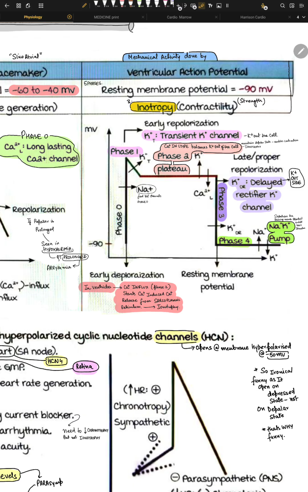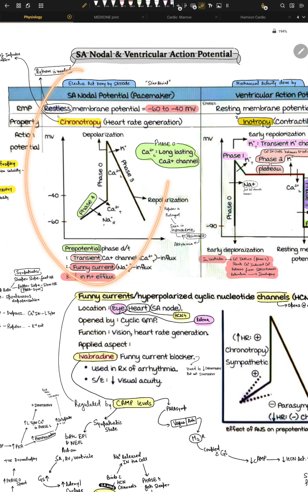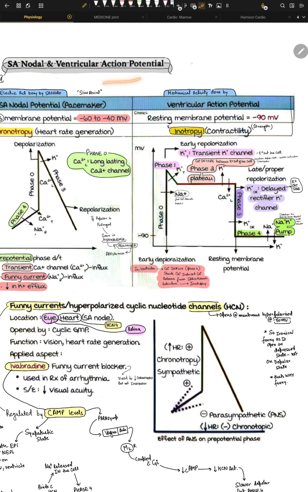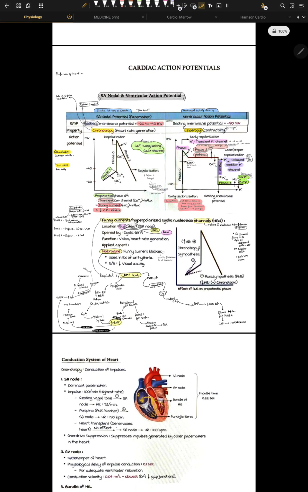So now I have exposed you to the idea that the SA node has made an amazing impulse that has now traveled to the ventricular cells. The ventricular region has something called the AV node.